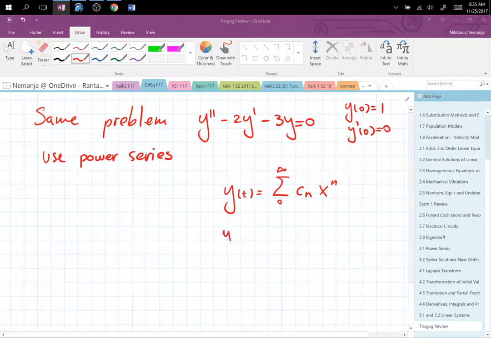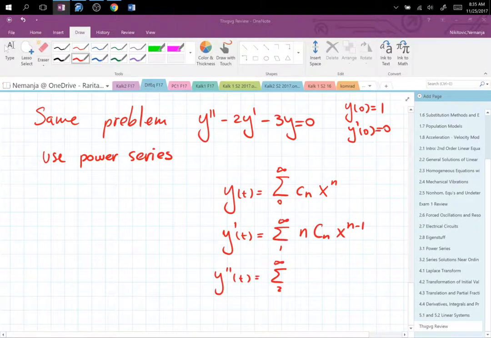And then we have y prime of t to be summation 1 to infinity of the derivative, which is n cn x to the n minus 1. And then y double prime of t to be summation 2 to infinity of n times n minus 1 times cn times x to the n minus 2.